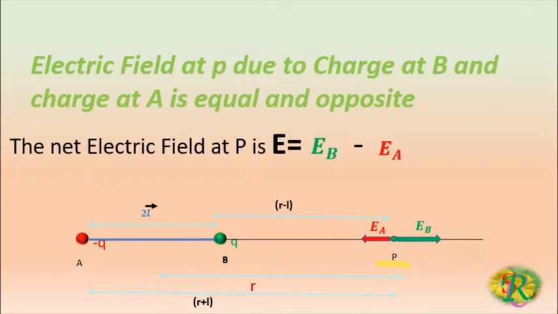So the net electric field at P is equal to EB minus EA. You already know EB is greater than EA because the positive charge is nearer to the point than the negative charge.